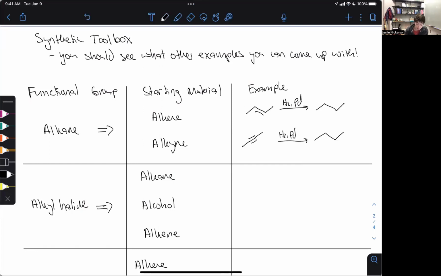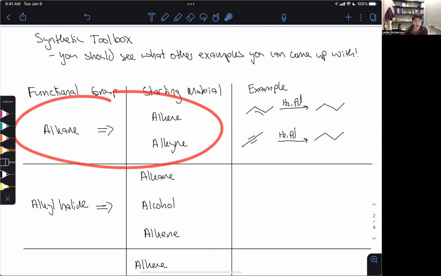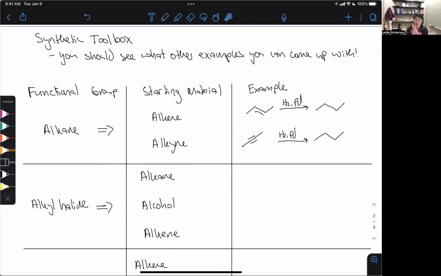Okay, so that's the functional group product, and this is the kind of starting material that I should have. Whenever we have an alkane as our final product, we should be considering that we probably have a pi bond in there at some point that we can do more reasonable functionalization with, and then we destroy that function to get to our alkane.